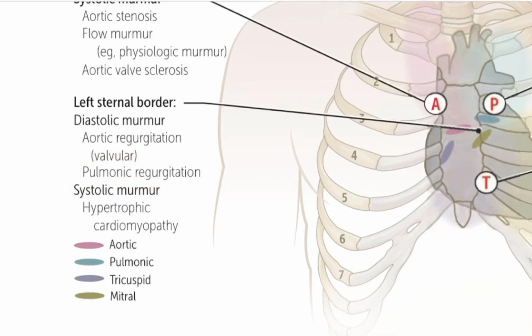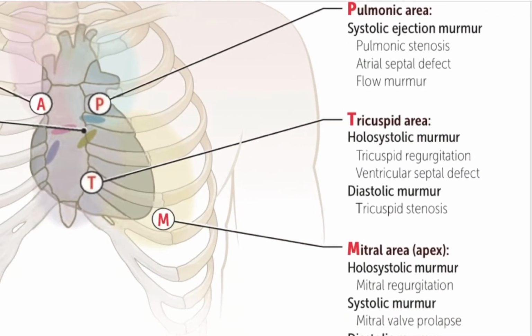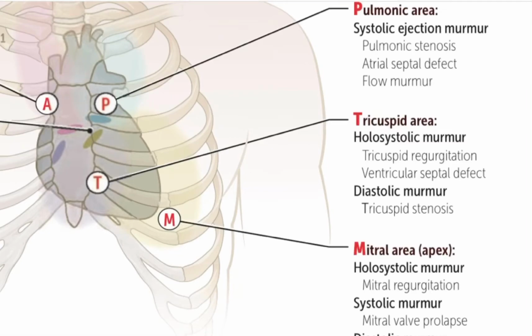In systolic murmur we have hypertrophic cardiomyopathy. So if in a patient there is a systolic murmur heard on the left sternal border, it majorly signifies hypertrophic cardiomyopathy. Is this clear?